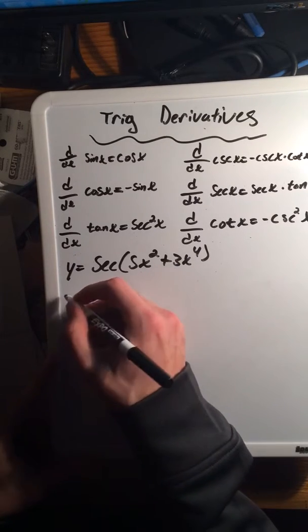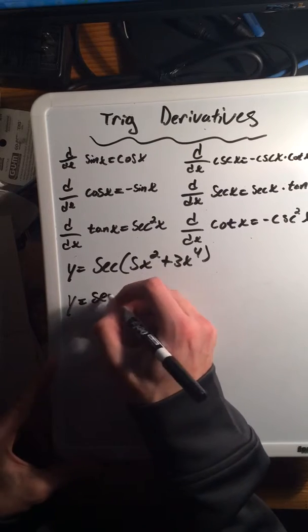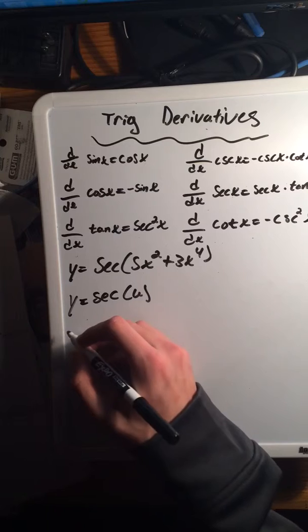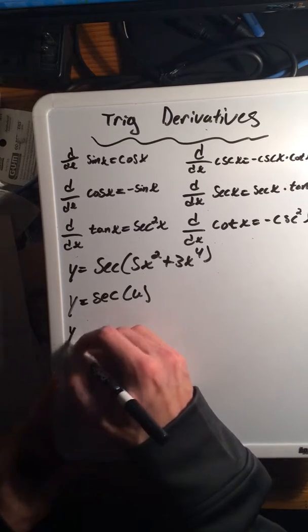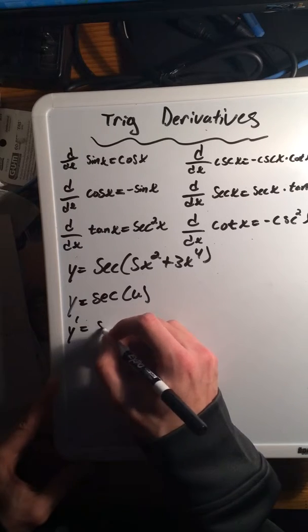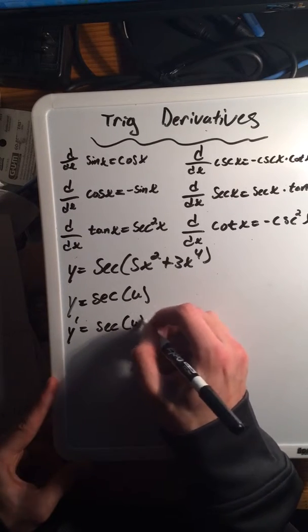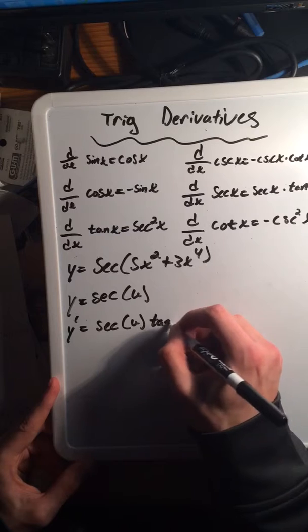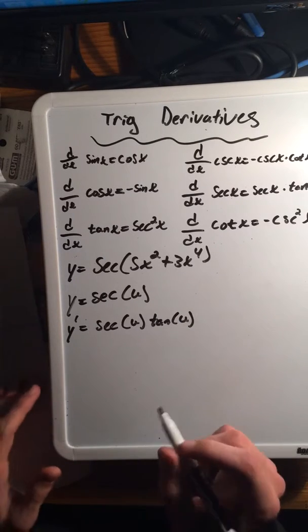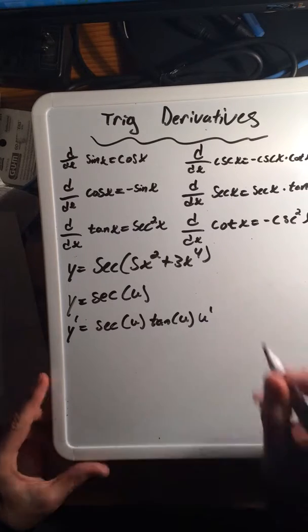So now I'm going to rewrite it. So y equals secant of u. Now I'm going to find the derivative of secant. So y prime equals secant u times tangent u. Now all this times u prime.